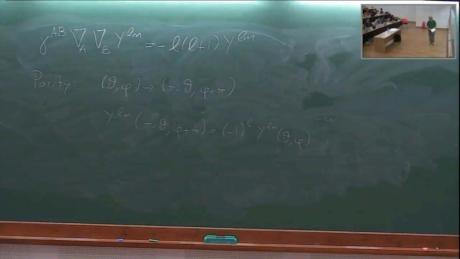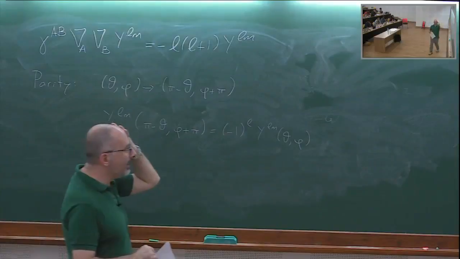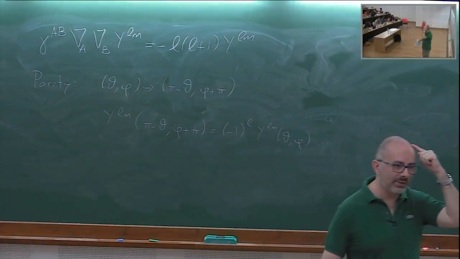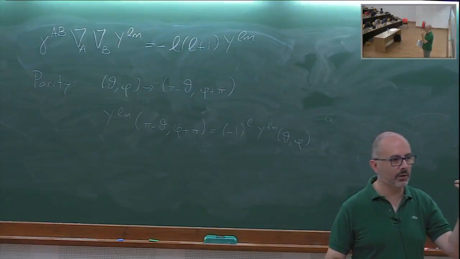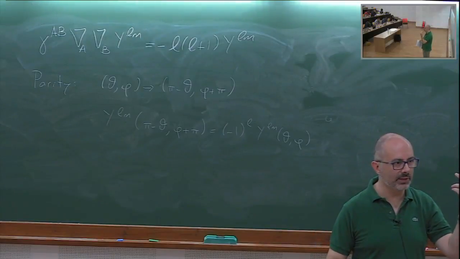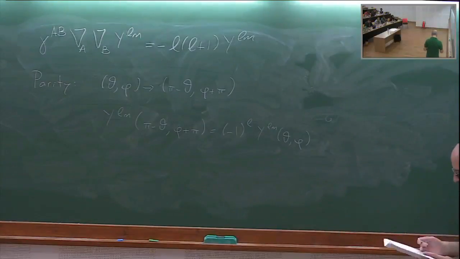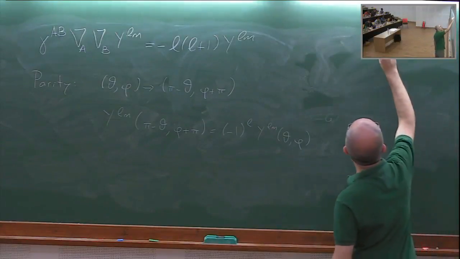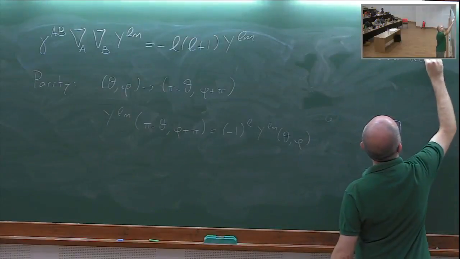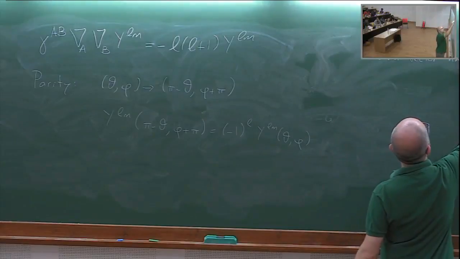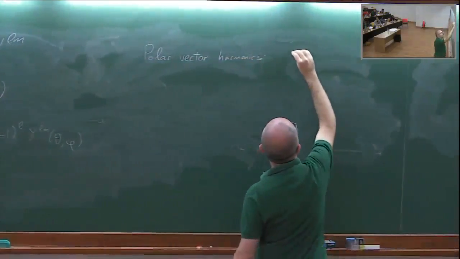So now I have my spherical harmonics, and I want to construct vector harmonics on the sphere to expand, say, an electromagnetic A mu vector. So how do I do this? Well, I introduce polar vector harmonics in this way.